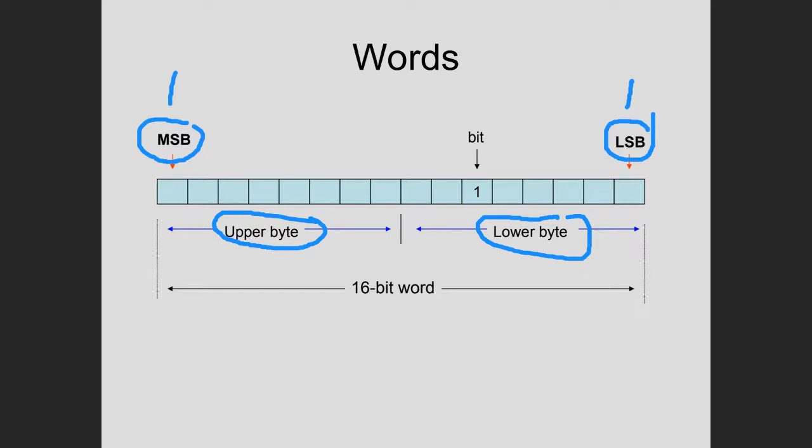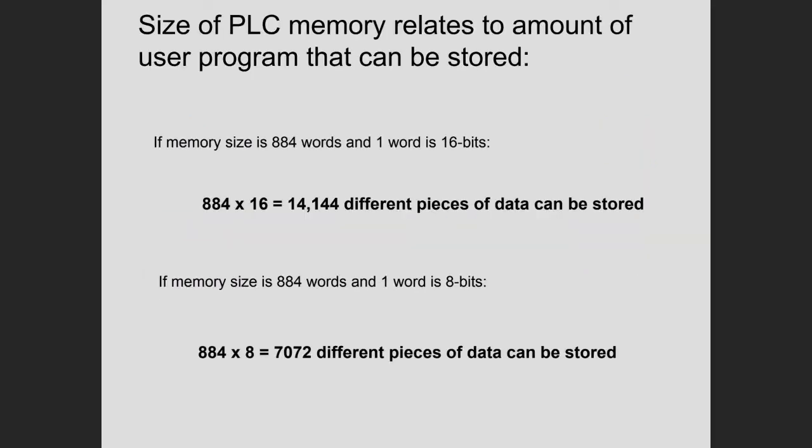And knowing that we're going to use 16 bits for a word, you want to mark this slide and be able to do a simple calculation like this. Given the word size, you should be able to tell how many individual pieces of information a particular PLC can store. How many zeros and ones can it physically keep track of? So make sure you follow this.